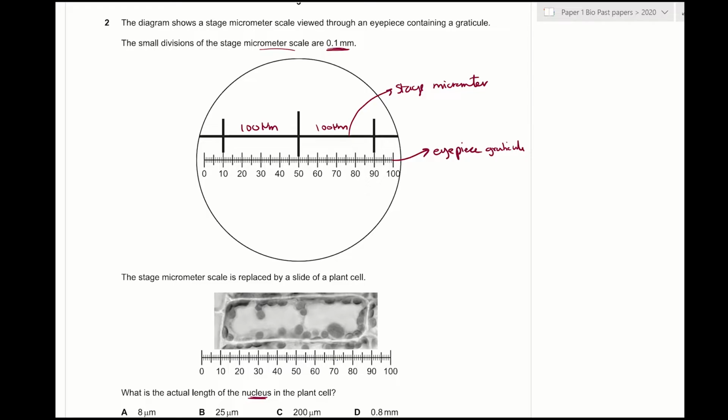If we know that one stage micrometer division is 100 micrometers, then for each division of the 40 on the eyepiece graticule, we now divide 100 by 40, which is going to be 2.5 micrometers. So one division on the eyepiece graticule is going to be 2.5 micrometers.